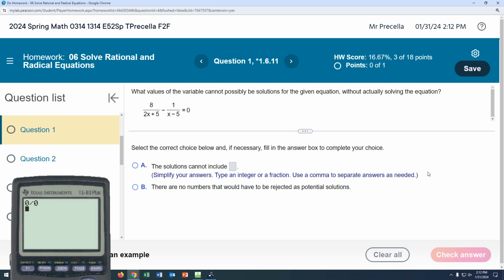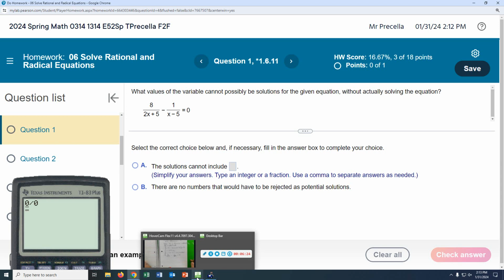We have the fraction 8 over 2x plus 5 minus 1 over x minus 5, equal to 0. So it's not asking you to solve this one. The first two problems don't say solve it. It's almost the exact opposite. It says what numbers, if you're going to guess, can't be answers.